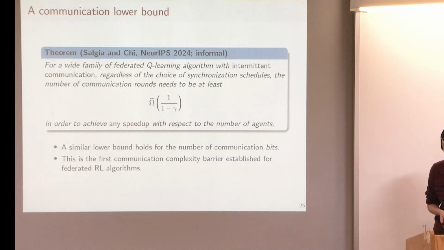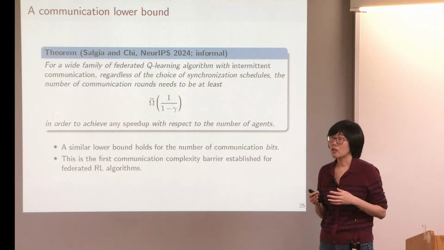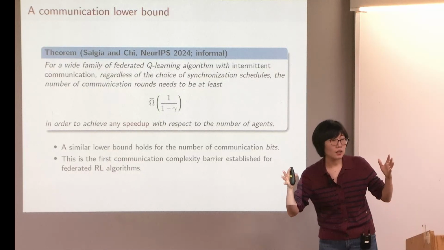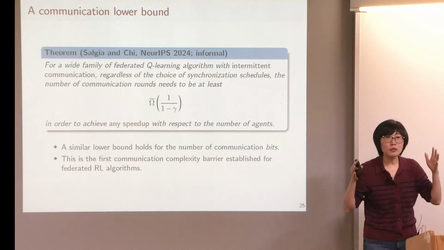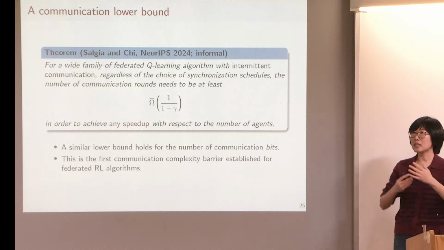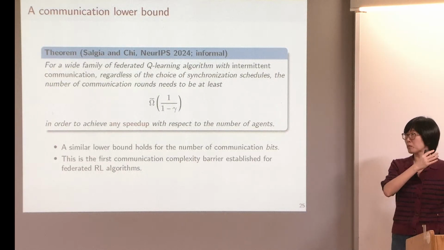So we have this paper that established this communication lower bound. I'm not showing you a lot of the details, but essentially we are analyzing a family of federated Q-learning algorithms with some natural intermittent communication protocols. Very similar to the paradigm I showed in the previous slide.